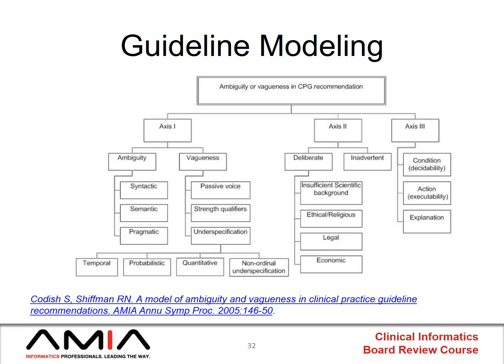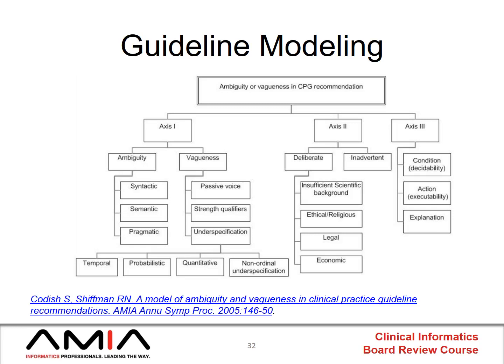Axis 2, we're going to skip over for now, but basically that's the axis that represents lack of concrete recommendations overall. So for example, maybe there's insufficient scientific data. Maybe there are legitimate ethical and religious complexities that make the CPG more ambiguous.